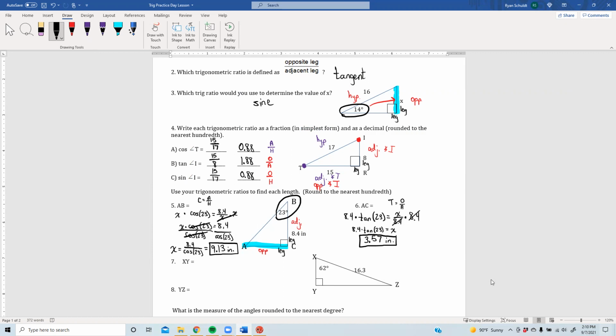Okay, so 7 and 8, we're doing the same thing, same process. Just different picture now. Let's see. They want me to find XY. Let me label my legs.